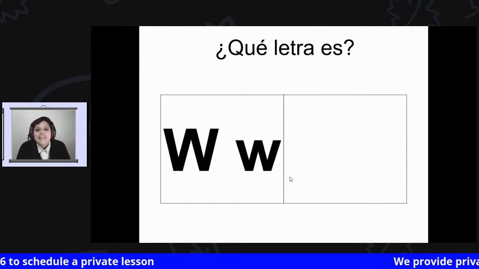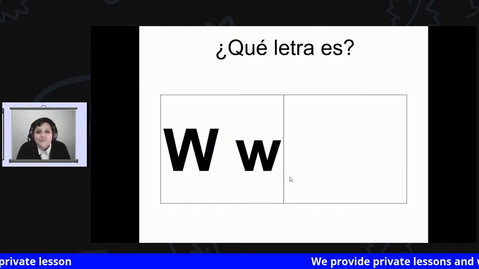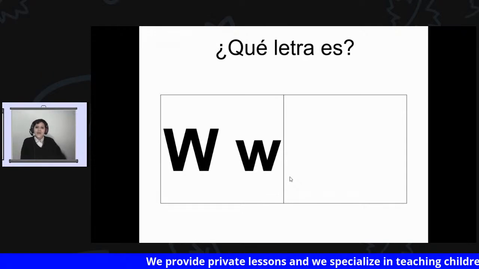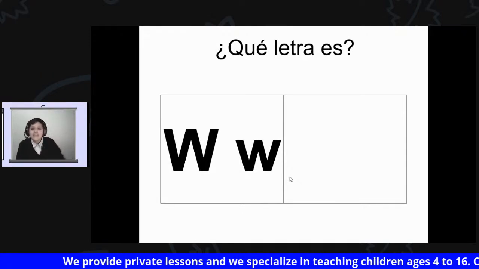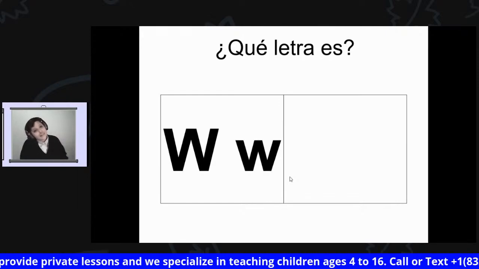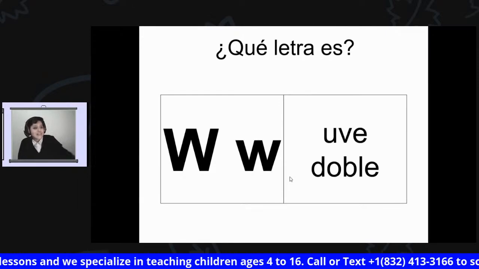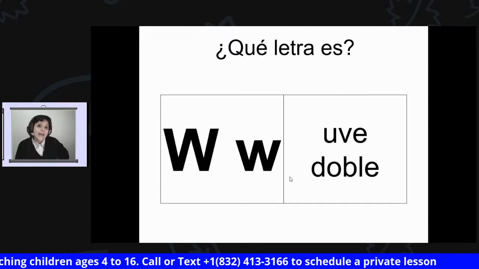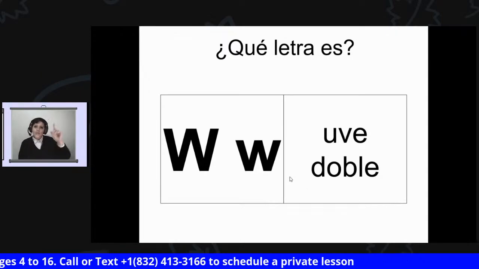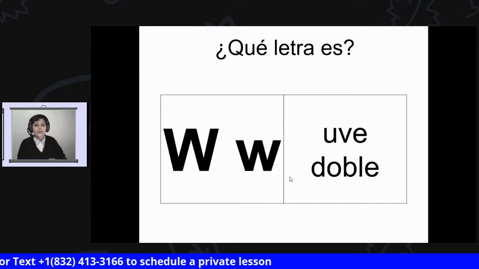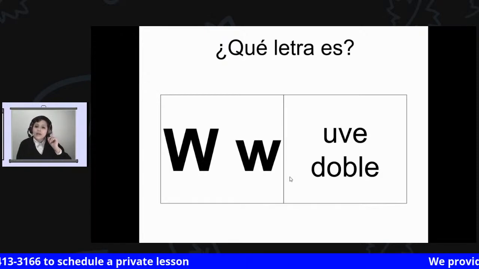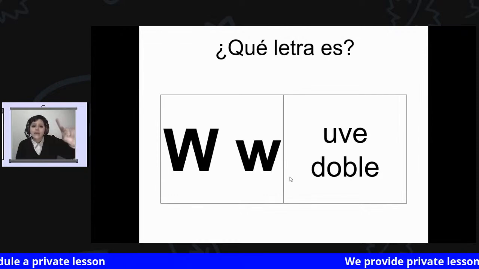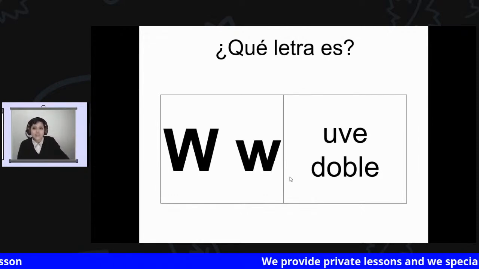O. That is correct. What's the name of that letter over there? There are many names, but the one we use when we're in a classroom is V doble. V doble. Repeat after me. V doble. That is correct.